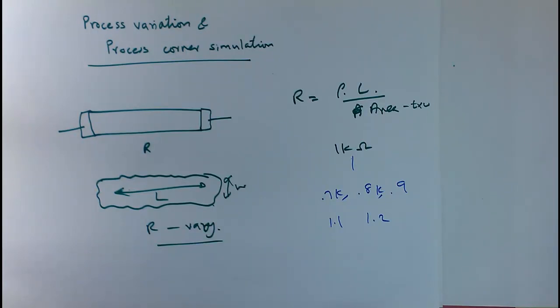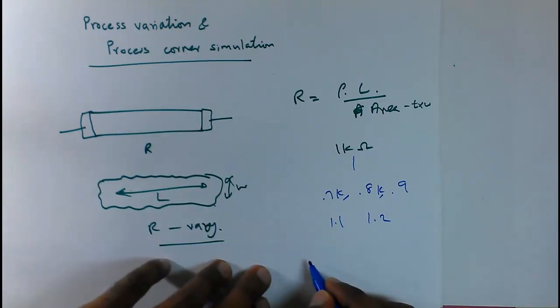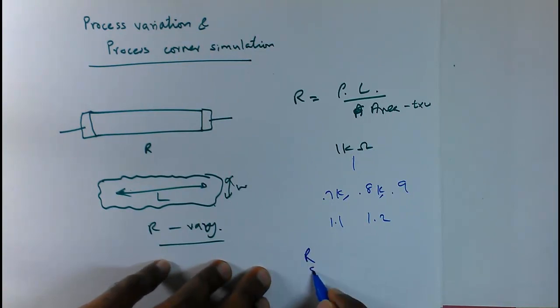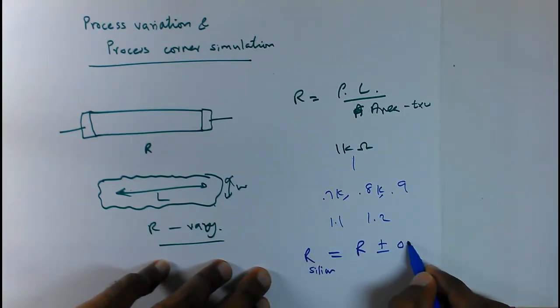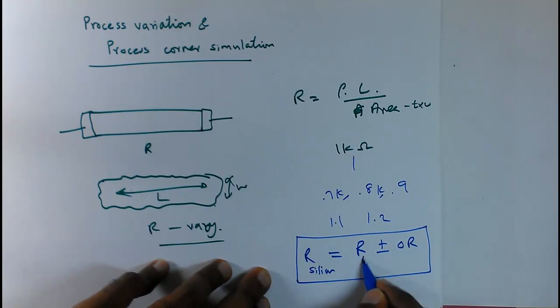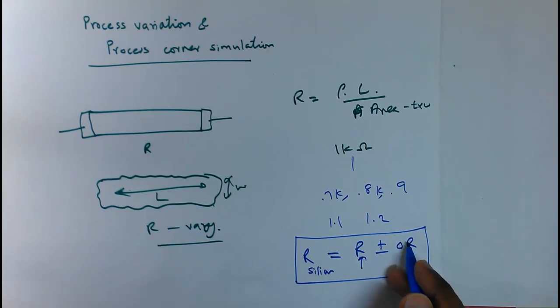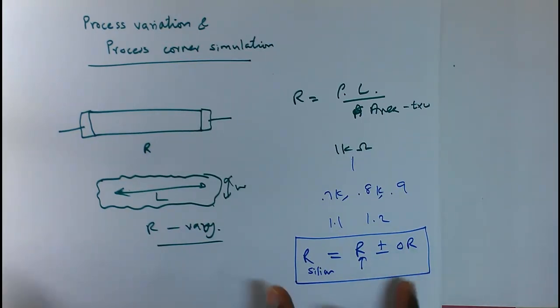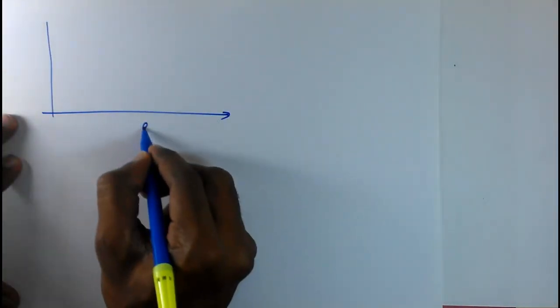So how much can this variation go? The resistance value I am writing as R silicon equals the resistance you actually designed plus or minus delta R. So when you make a resistor in the schematic with value R, its value in the silicon can increase or decrease. I am plotting a graph here.